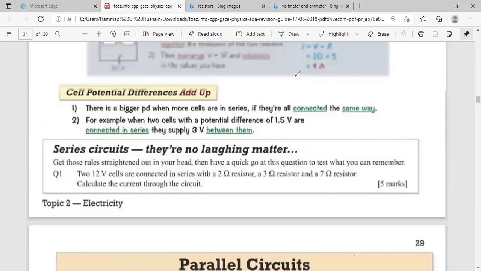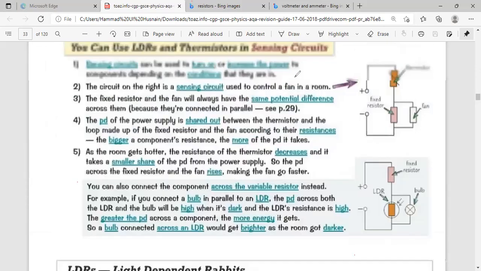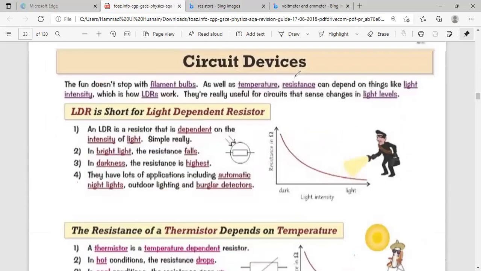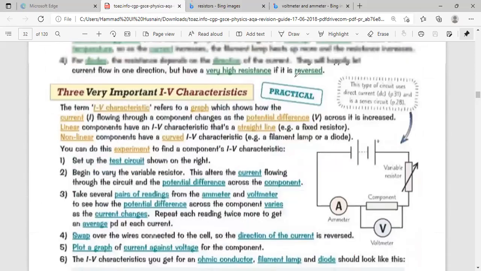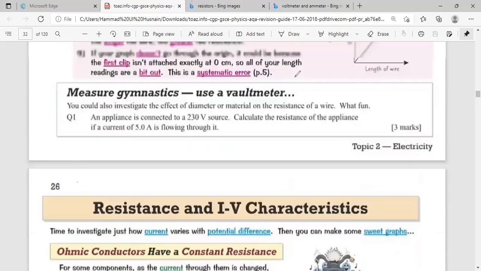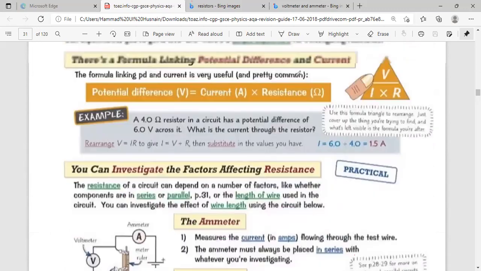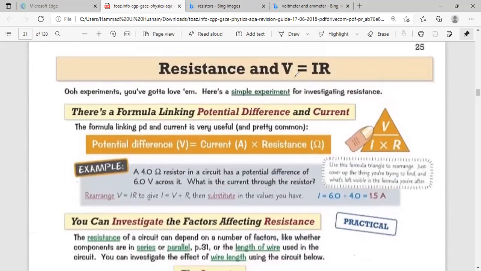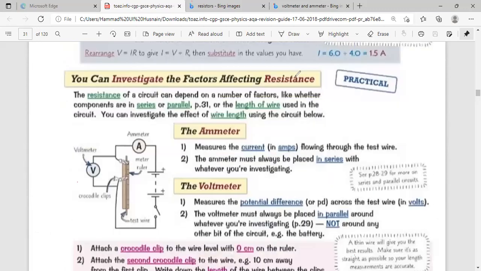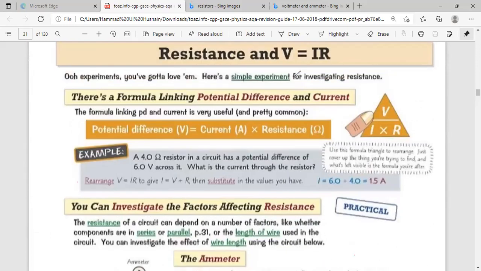Okay. There is another thing I want to tell you. Whenever we have series combination, let us leave it for the next topic. We will discuss it there. Whenever we have a parallel combination, keep this thing in mind.